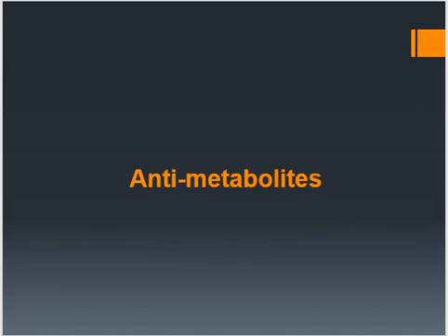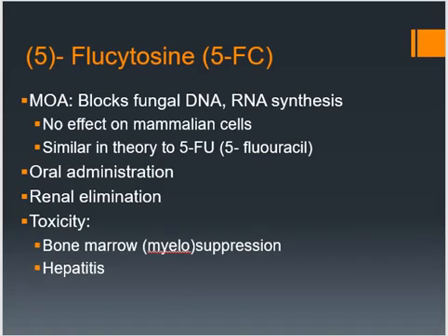All right. So the next group of drugs are the antimetabolites, and so this is 5-fluorocytosine or 5-FC. Mechanistically, this is going to inhibit the fungal DNA and RNA synthesis, and it's very similar to the mammalian 5-FU or 5-fluorouracil. That's an antimetabolite that has clinical use in cancer biology as well as treating different autoimmune type conditions, which we will talk about soon.